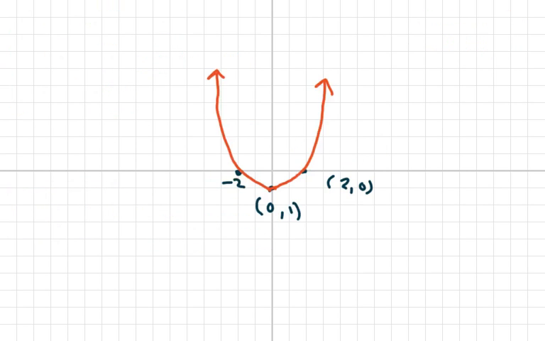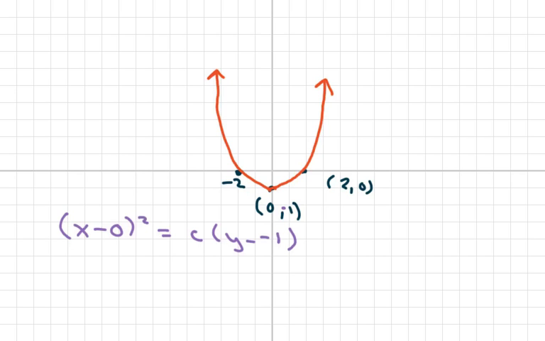Alright, the next one, we have this graph. So it opens up, and that's going to be x minus 0 squared equals c times y minus, oh, this is negative 1.